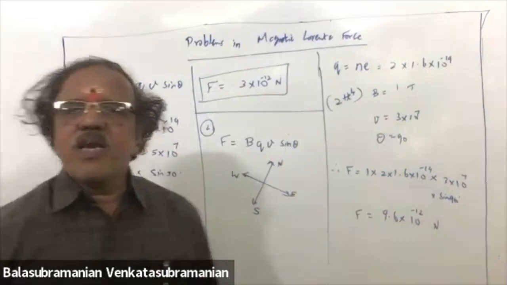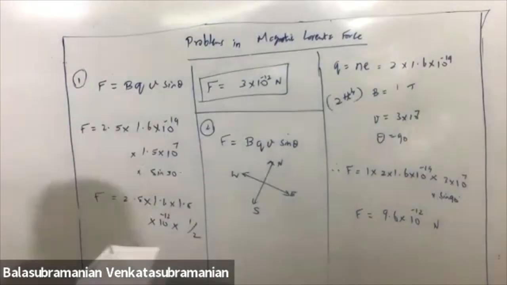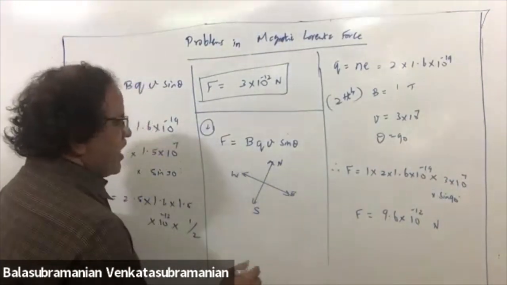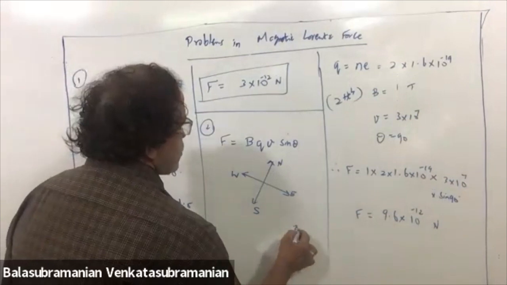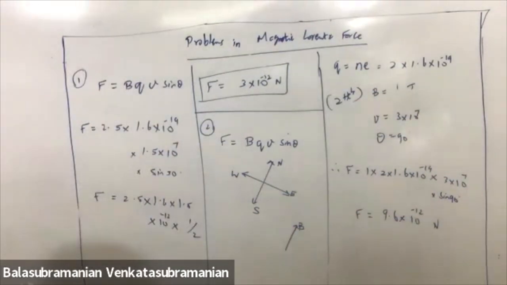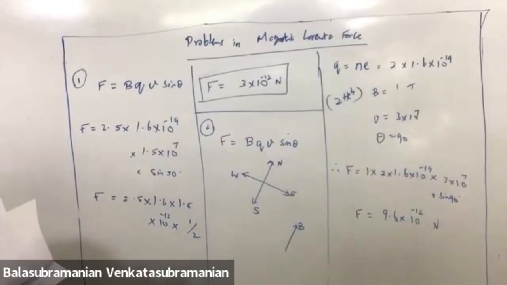We have to calculate the direction of force using Fleming's left-hand rule. The magnetic field is along northwards, so this is B given. Velocity will be, what is the direction given?